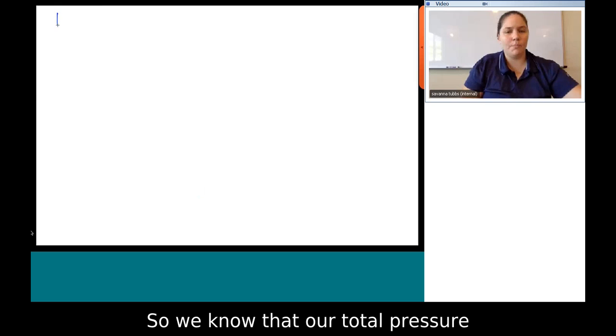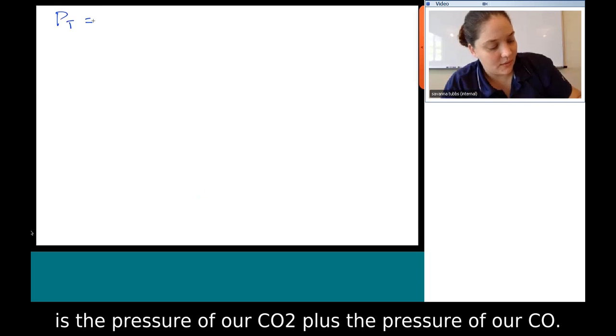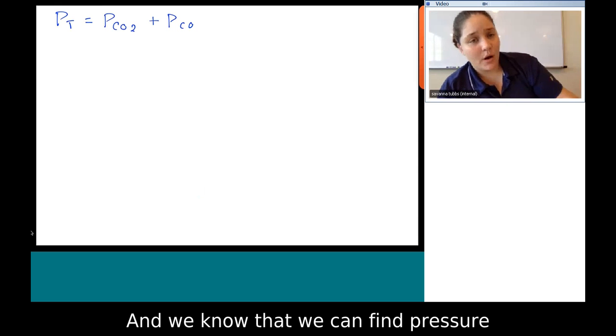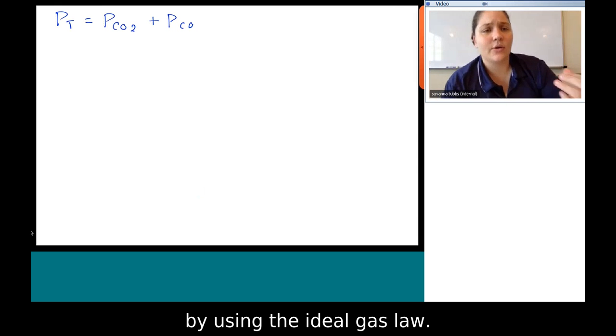So we know that our total pressure is the pressure of our CO2 plus the pressure of our CO. And we know that we can find pressure by using the ideal gas law.